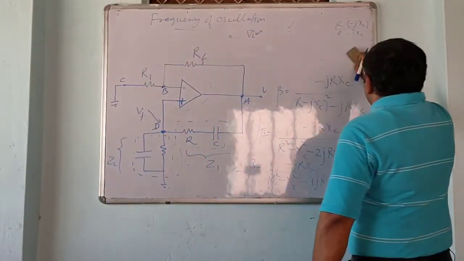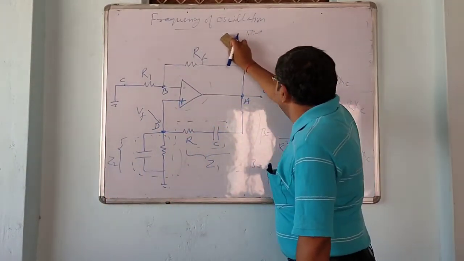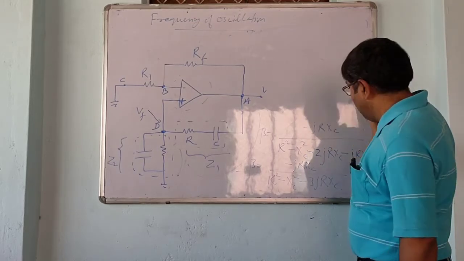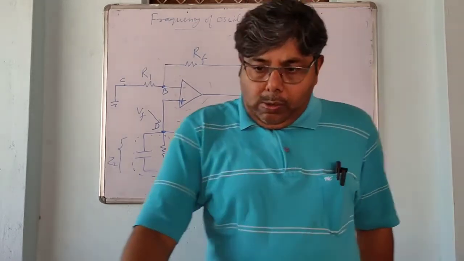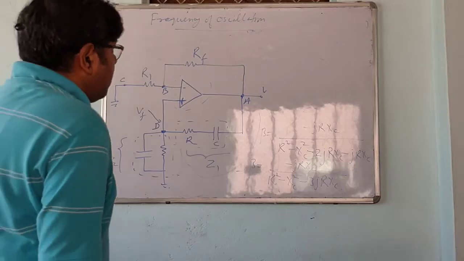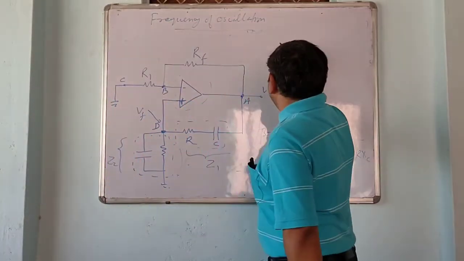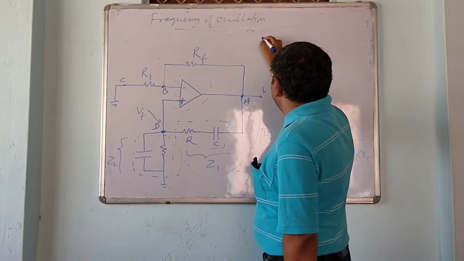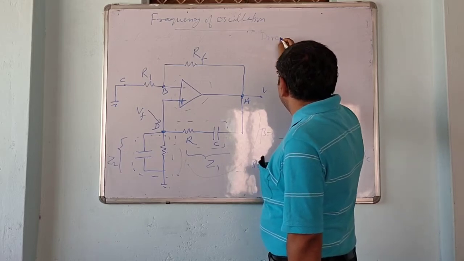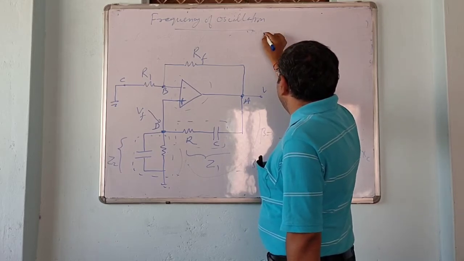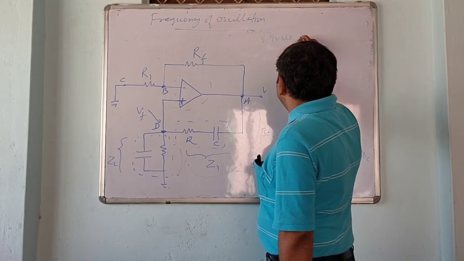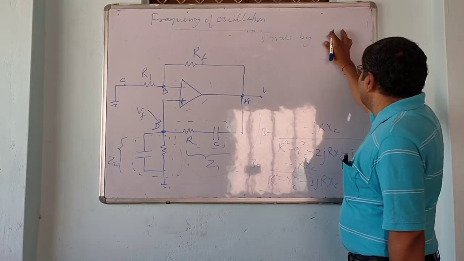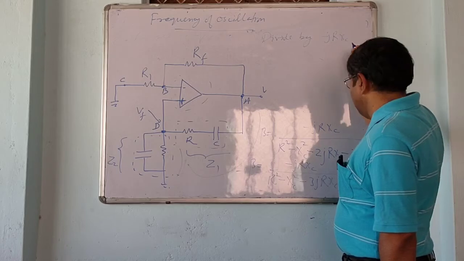We find out frequency of oscillation. Simply divide by minus jRXC.